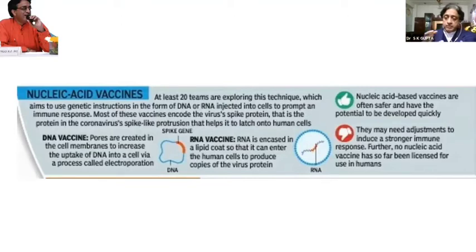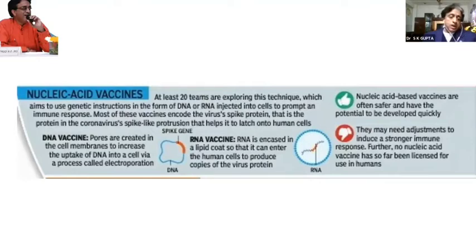And mRNA can be encased into lipid nanoparticles. And these lipid nanoparticles can be injected into the human body. Once they fuse with the cells, they start producing the spike proteins, and the body develops an immune response against them, and we are able to have good immunity, neutralizing antibodies and other binding antibodies.